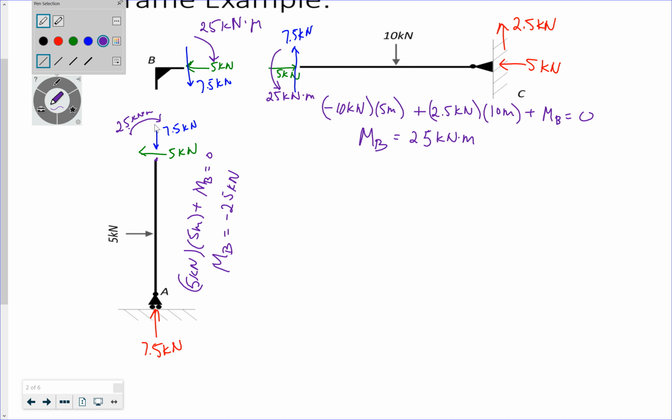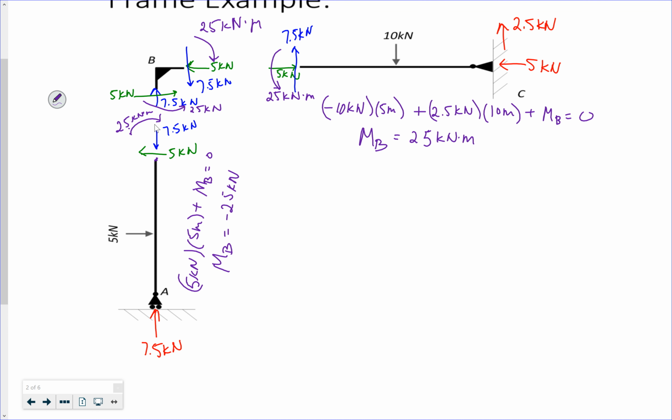So again, my equal and opposite at my joint, I need to have 7.5 kilonewtons acting up, 5 kilonewtons acting to the right, and acting counterclockwise, 25 kilonewton meters.